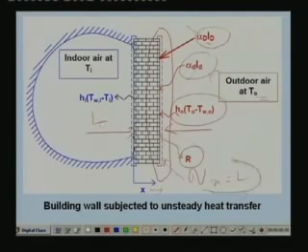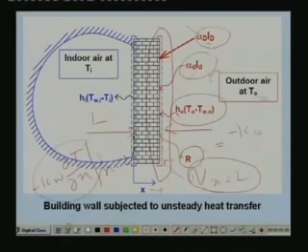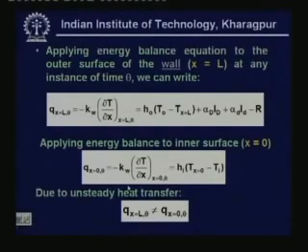So Q subscript x is L is equal to the sum total of all these things, that should be equal to minus k wall, dou T by dou x at x is equal to L, where this is the conductive heat transfer from the outer surface of the wall to the wall. So this is the heat balance equation for the outer surface. That is what is shown here.